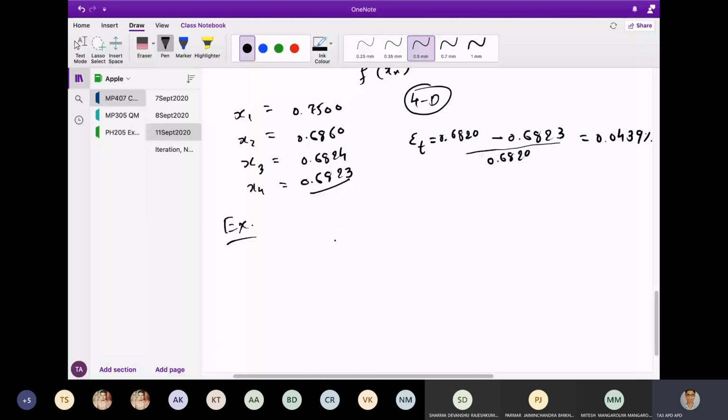F of x equal to e to the power minus x minus x. Again, we want to find out the roots of this equation by Newton's method by taking the initial guess equal to 0. Okay, and we have to perform 4 iterations.